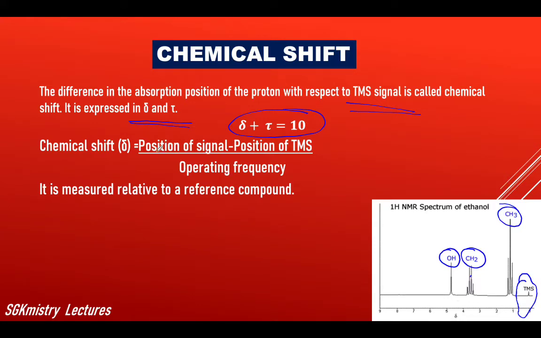The position of the signal of that particular proton, minus the position of the TMS peak, that is at 0 ppm or 0 delta, divided by the operating frequency of the NMR spectrometer. So you have to calculate according to this formula and you will get the chemical shift value.